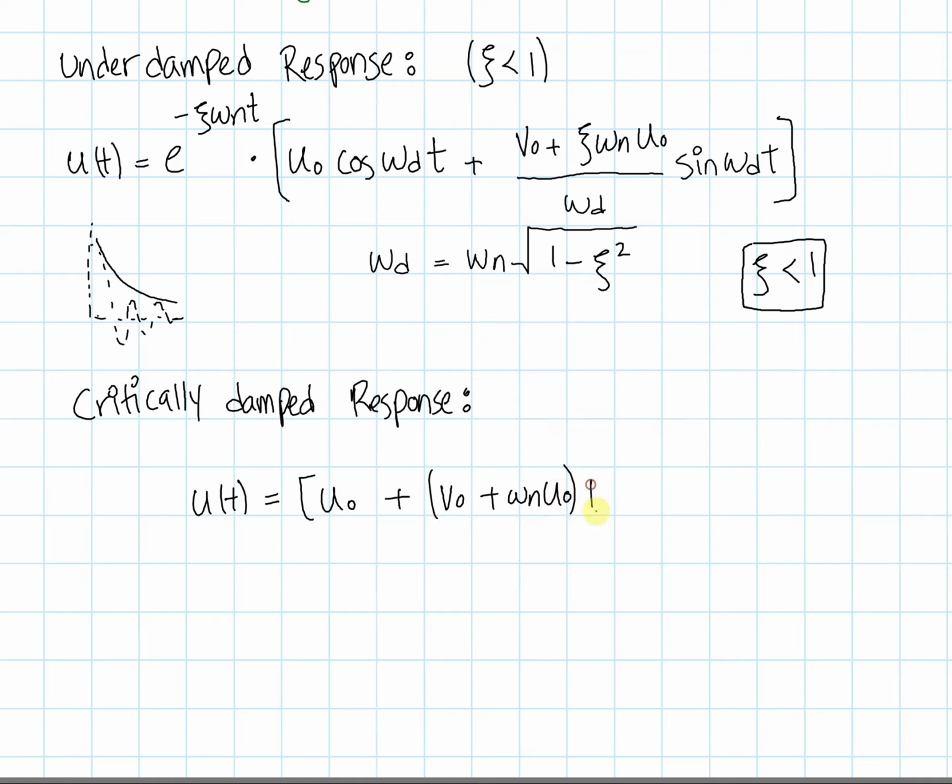But there's a time term t, close the brackets again, and then e to the minus omega n t. Okay, so that's what we have, and the last thing I want to do is an example.